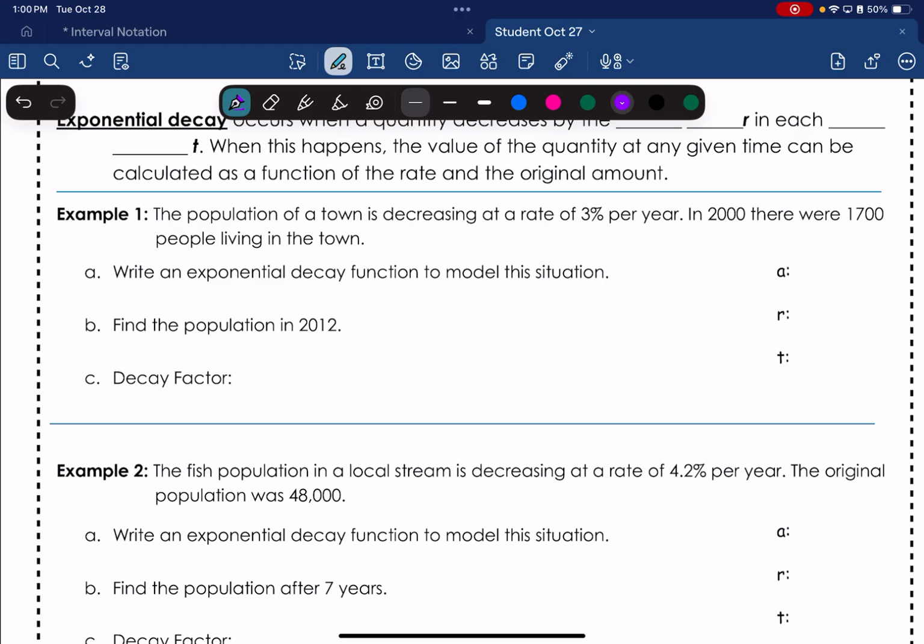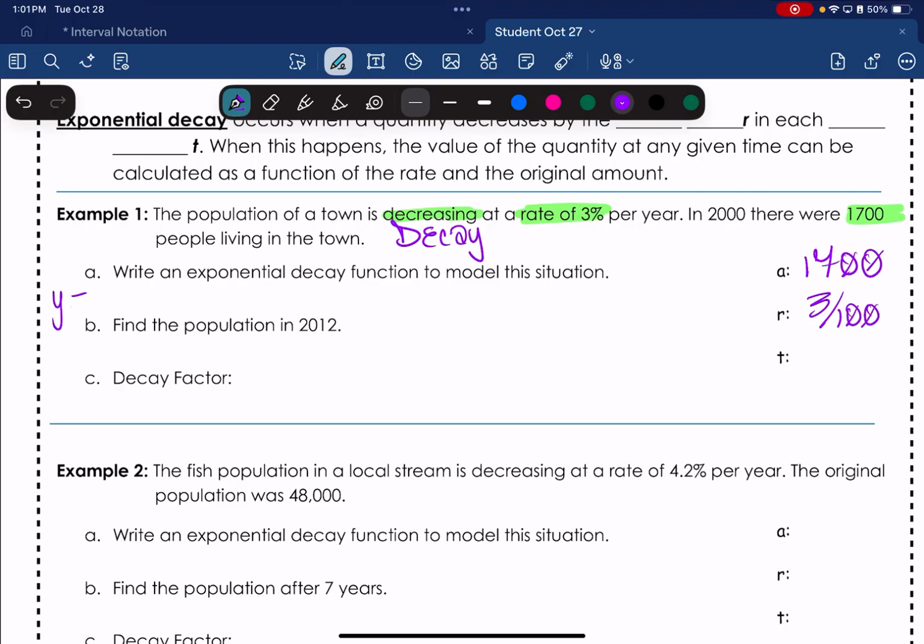So our example is the population of a town is decreasing. Decreasing is representing decay. At a rate, it's actually saying the word rate this time, of 3%. So we're taking 3 over 100. In the year 2000, there were 1,700 people. So my A is 1,700.